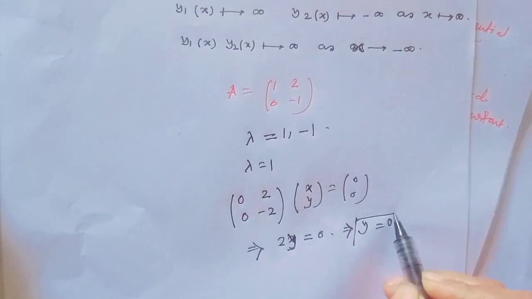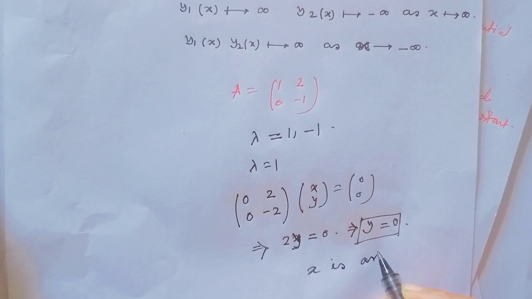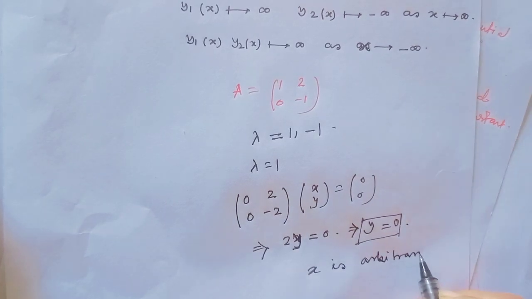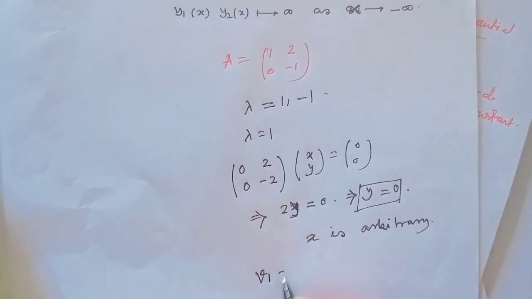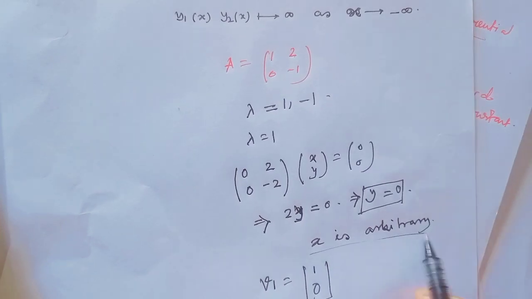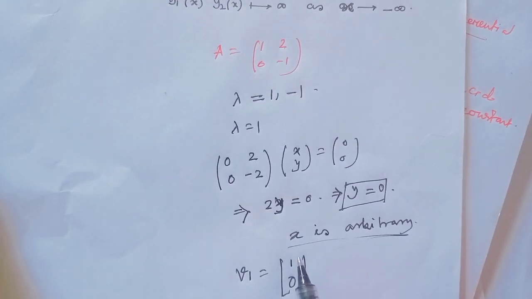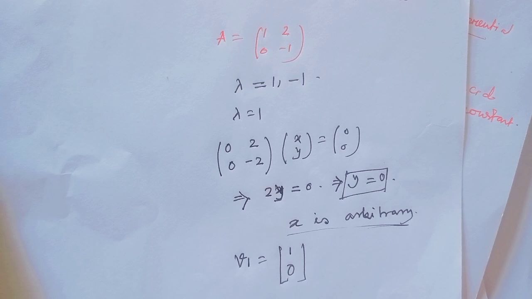Since y equal to 0, x is an arbitrary number. Consider x is 1. Then v1 would be (1, 0). Since x is arbitrary we can choose any constant, but for short calculation here we choose 1.